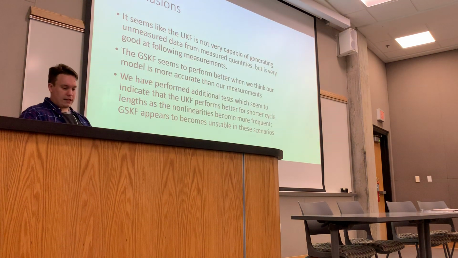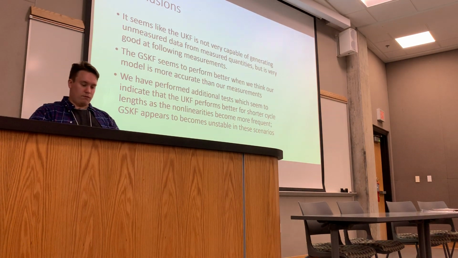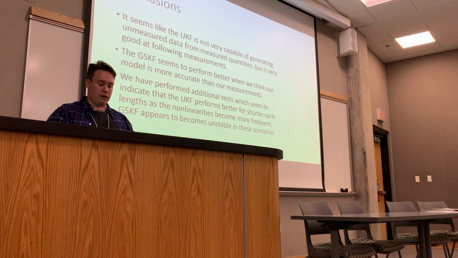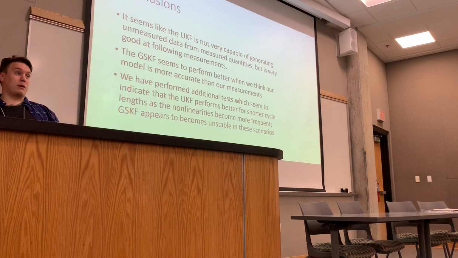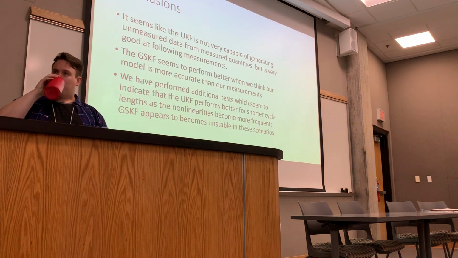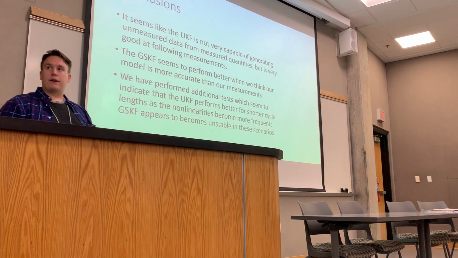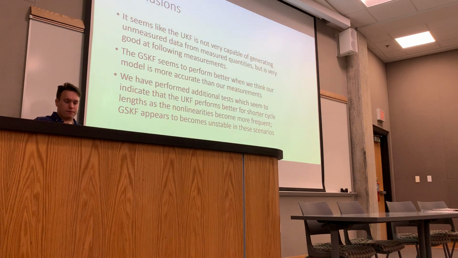Restating some of the things I just said, the nonlinear filter does a really bad job of trying to generate unmeasured information from measured quantities, but it's good at following along with those measurements and clearing off the noise. And the linear one does better when we think our model is more accurate than the measurements that we're taking.